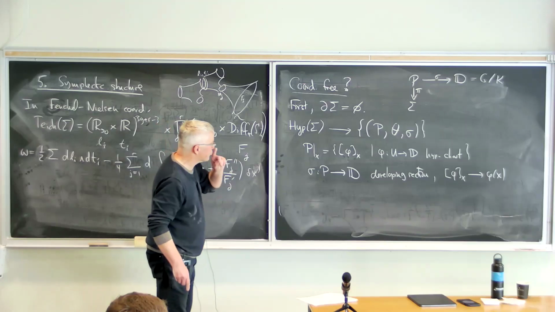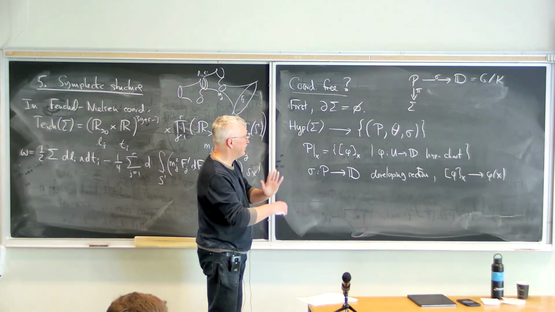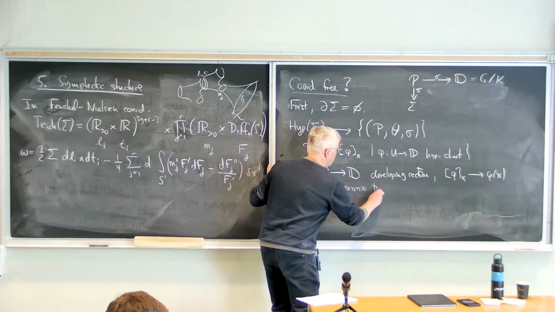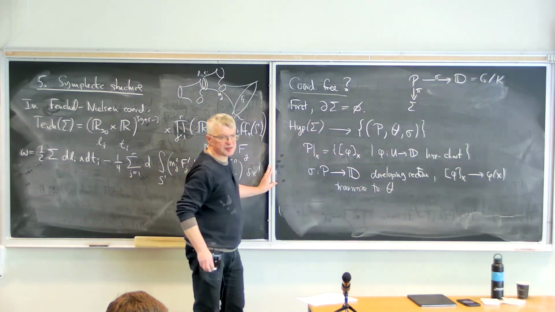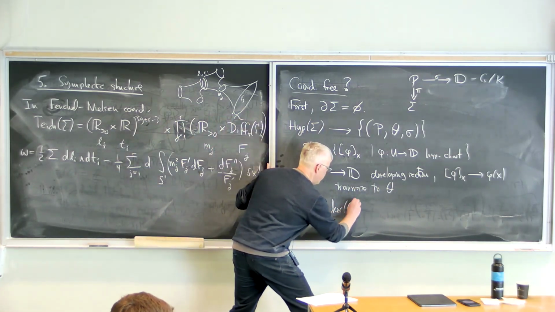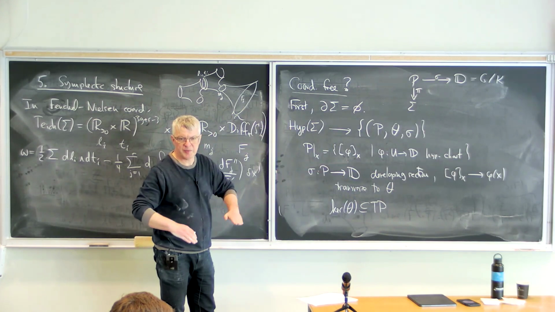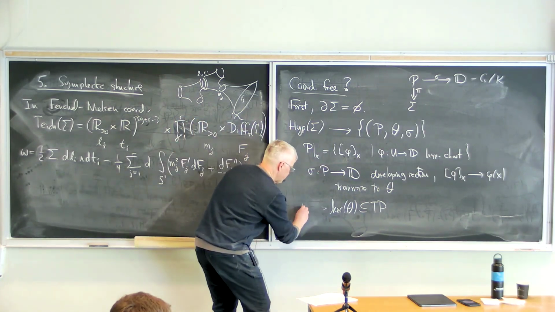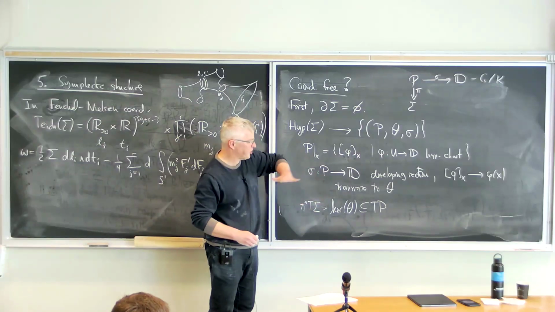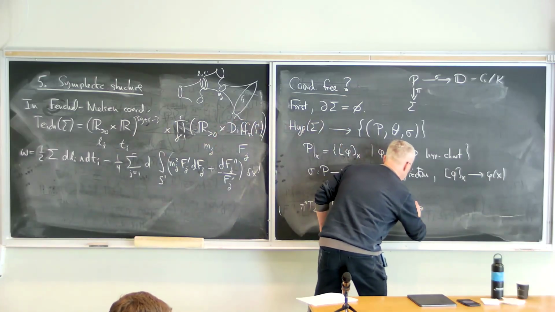Right, and this developing section and the connection are not quite independent. This is, so to speak, transverse to theta, in the sense that if you look at the kernel of theta inside the tangent space, the horizontal distribution, which is also the same thing as the pullback of the tangent bundle, so by a horizontal lift, you look at the horizontal distribution and compose it with the tangent map of sigma.